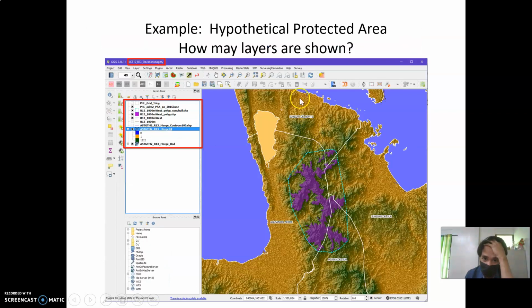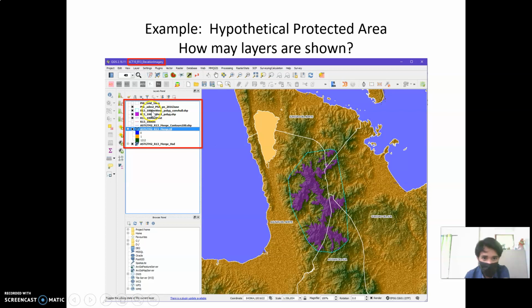So this is a hypothetical protected area. How many layers are shown? As an example, if we look at how many layers, there are 6 layers shown in the map. You can see there the ones checked with an X are shown on our map. We can see the administrative boundary, PHL admin 2, which is the municipal or provincial boundary.